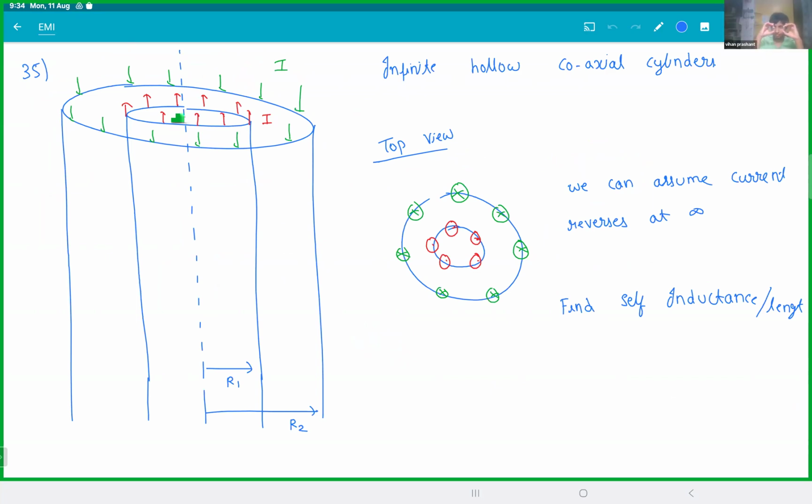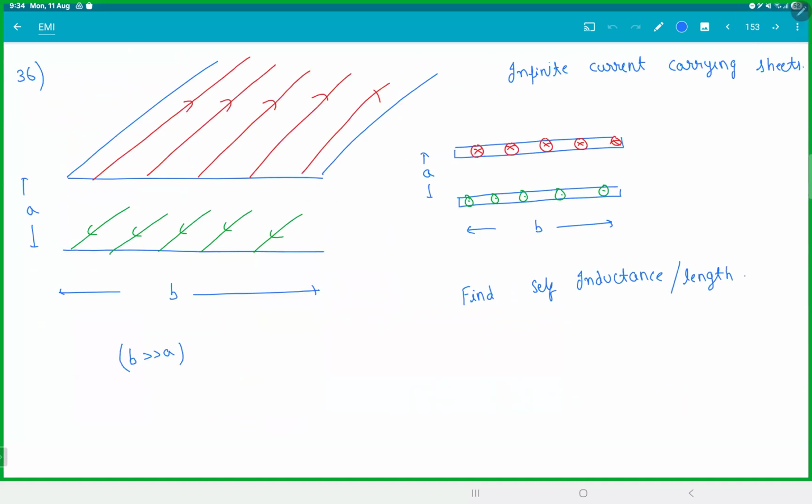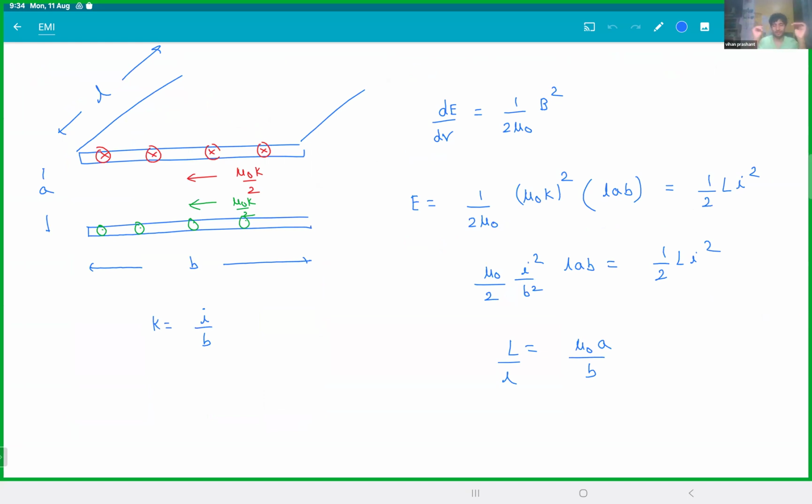So this is like two loops, just an inner wire and an outer wire. Current goes from inside and comes from outside. Think of a fountain: water comes from the center and comes out to the outside. This is like a cross section of a toroid. It just goes from the center like a fountain. Yes, sir, got it. Thank you, sir.